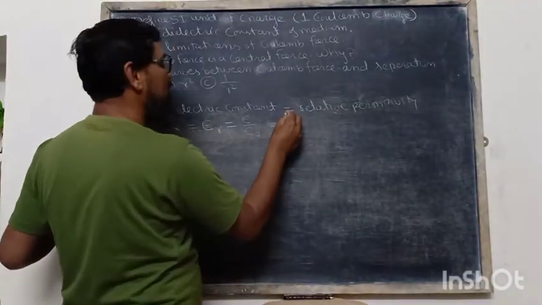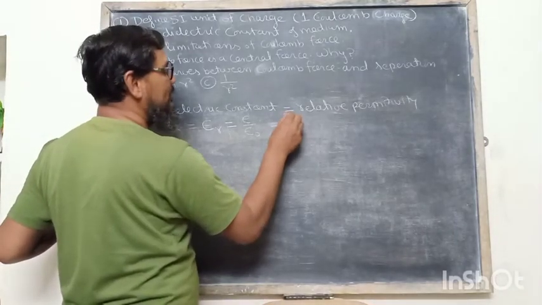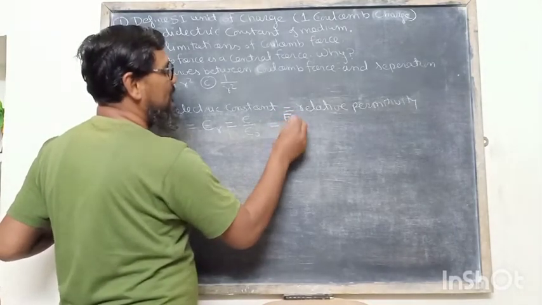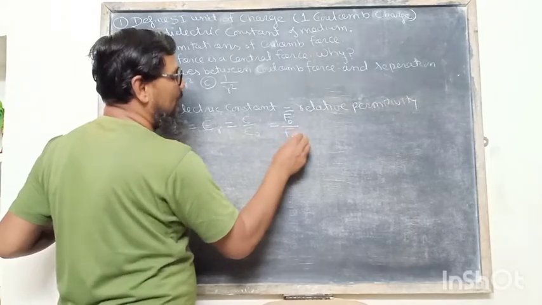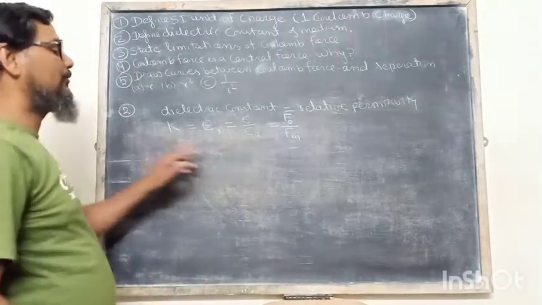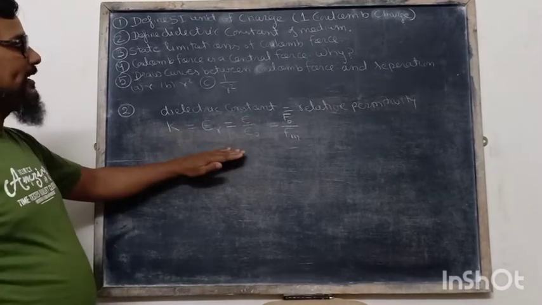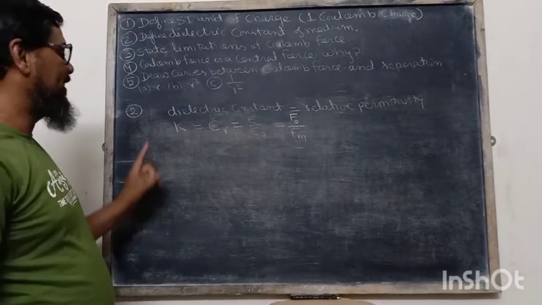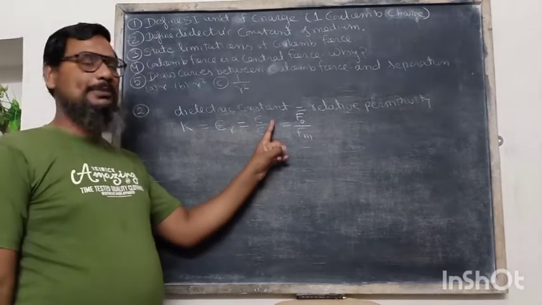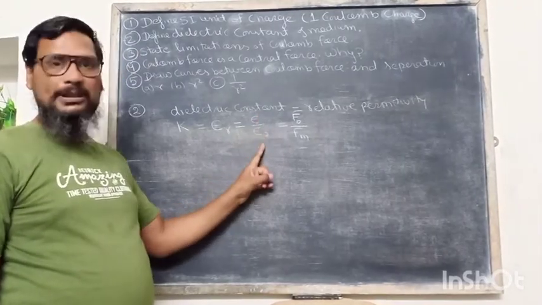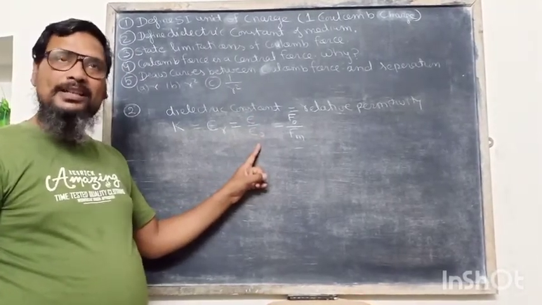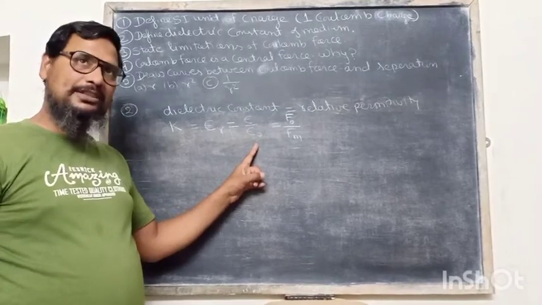The other expression for the relative permittivity or dielectric constant is F0 upon Fn, Coulomb force in vacuum and Coulomb force in medium. So the definition of dielectric constant and relative permittivity: it is the ratio of permittivity of medium to the permittivity of vacuum. It is a unitless and dimensionless quantity.